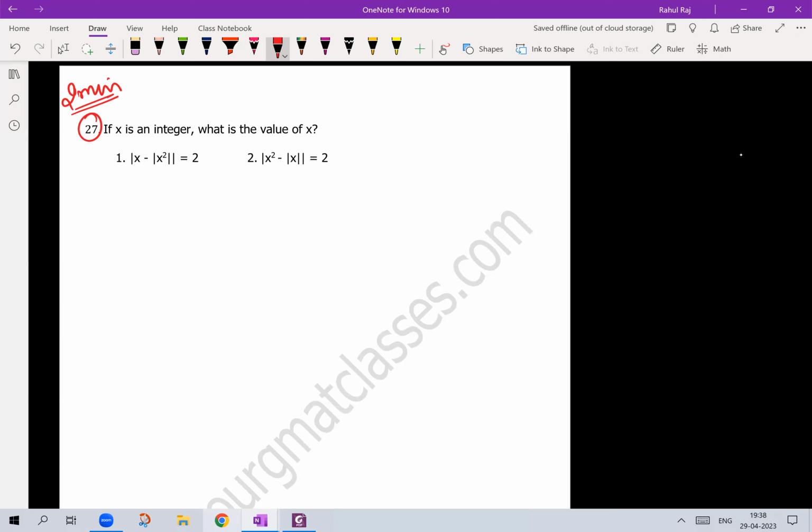Please, please, please. They are asking what is the value of x. It says x minus x square is equal to 2. Please understand, if you take x is equal to 3, it is 3 minus 3 square. That is 9 minus 3. That is equal to 6. You will not get 2.